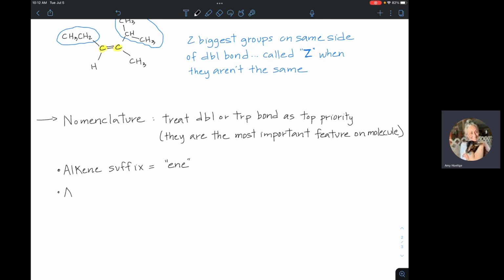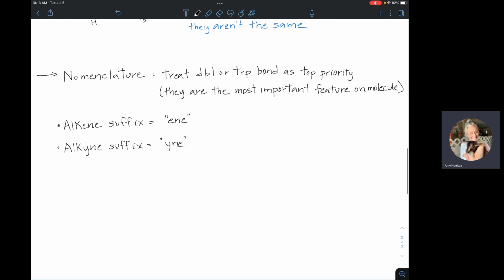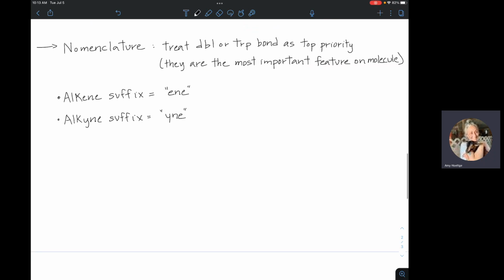Alkyne suffix will be -yne for IUPAC nomenclature. So let's give this a try with a few examples. Easier to just see it than to talk about it, right?